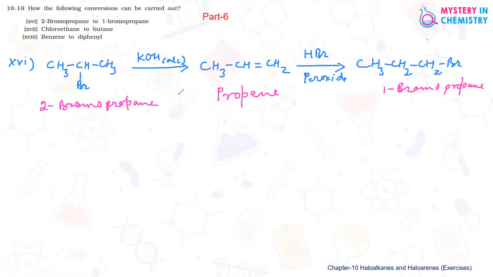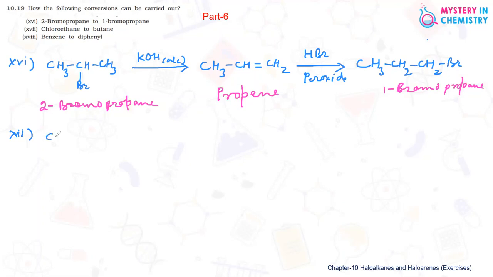So next one is 17th. And here chloroethane to butane. This reaction, we know that it should be Wurtz reaction.